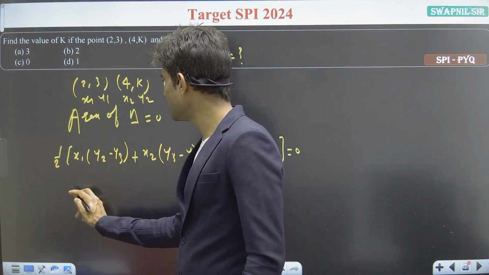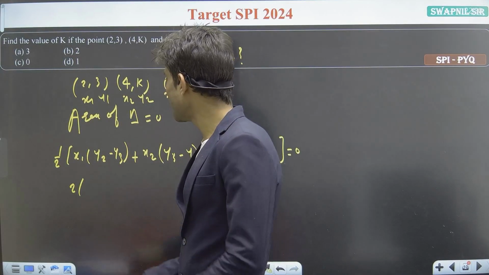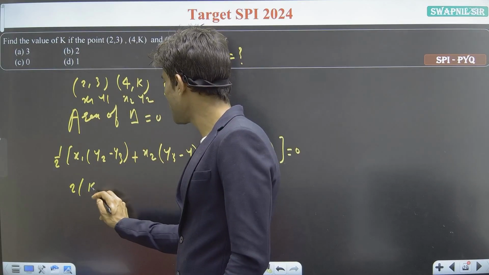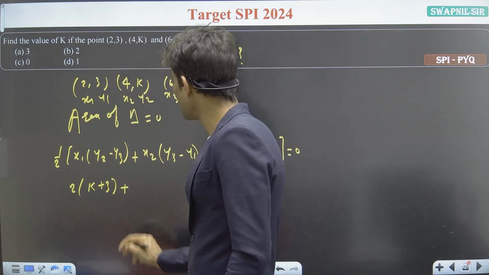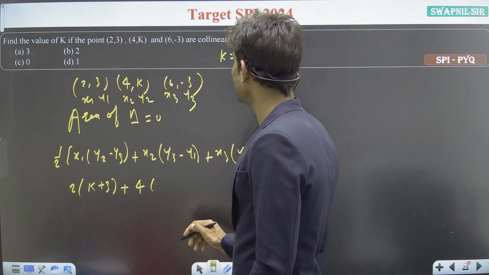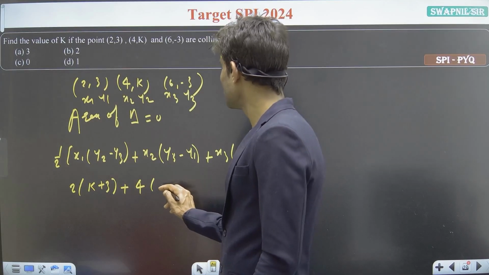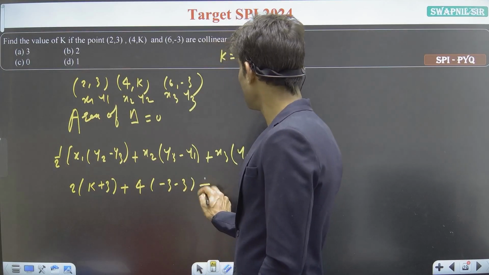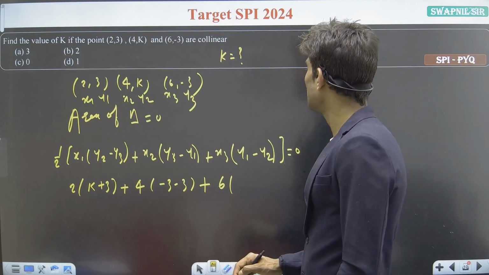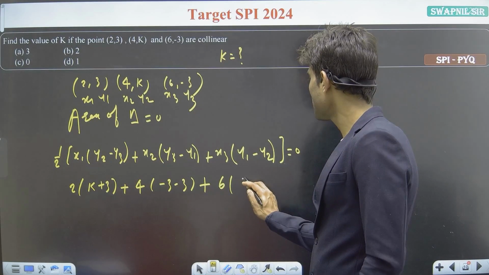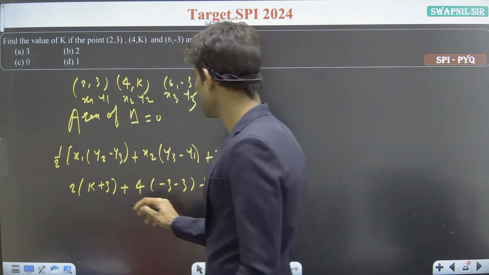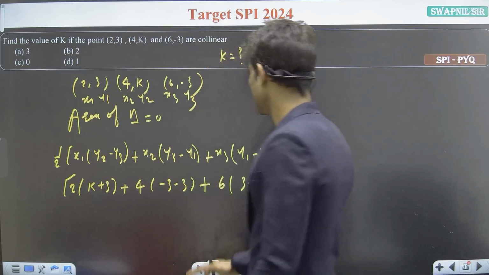So for x1 we have 2 under bracket y2 minus y3. So k minus minus 3, that means k plus 3, plus x2, which is 4 under bracket y3 minus y1. y3 minus y1 means minus 3 minus 3, plus x3, we have 6 under bracket y1 minus y2, so 3 minus k, which is equal to 0.